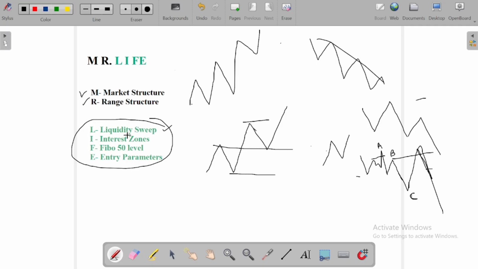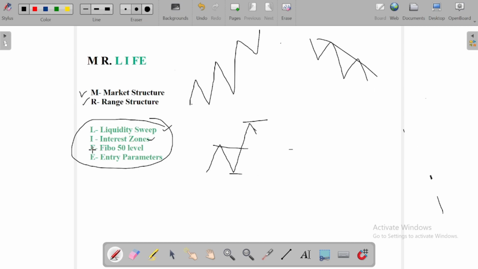For our interest zone, you can also identify your interest zone on daily time frame. I know that you guys will be asking me that why do we need Fibonacci retracement 50 level? If you identify an order block on higher time frame or an imbalance, now you know imbalance can be like this. Let's just say this is imbalance, right?